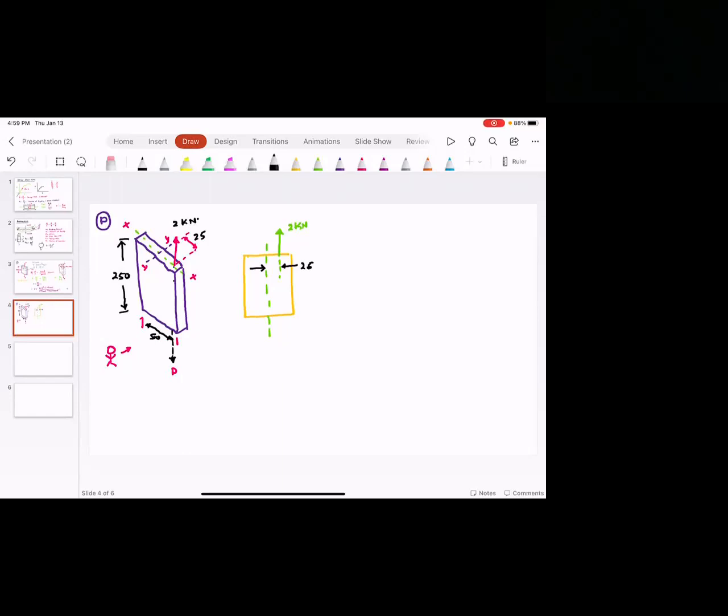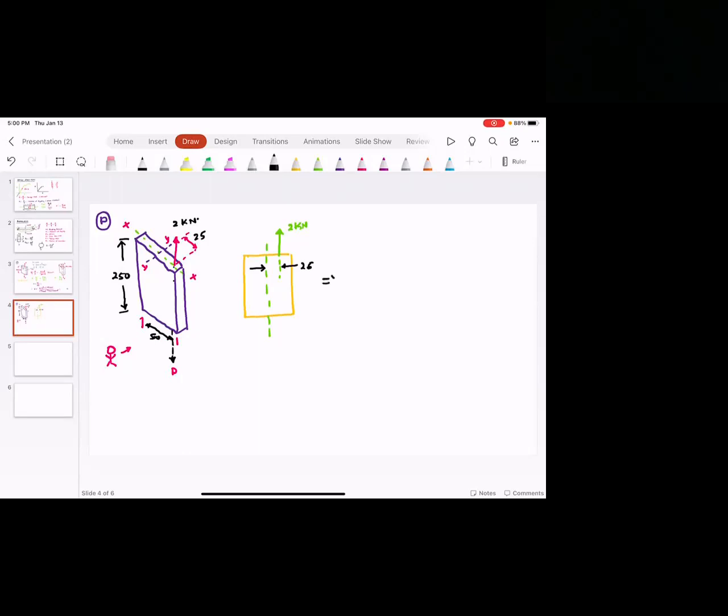So you have this load which is vertical. You have a center line which is on the left hand side of the load. So I need to translate the load from right to left. And as I translate the load from right to left, I'm going to get a moment, which is going to be counterclockwise.